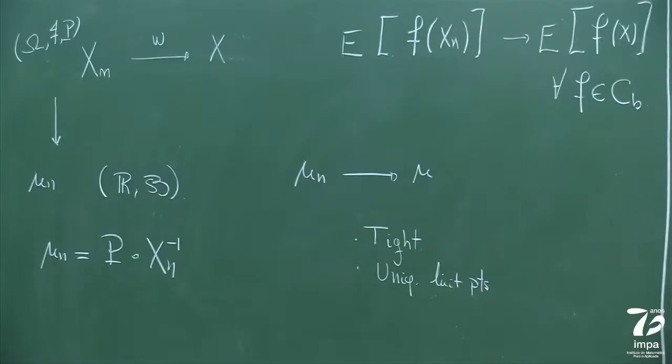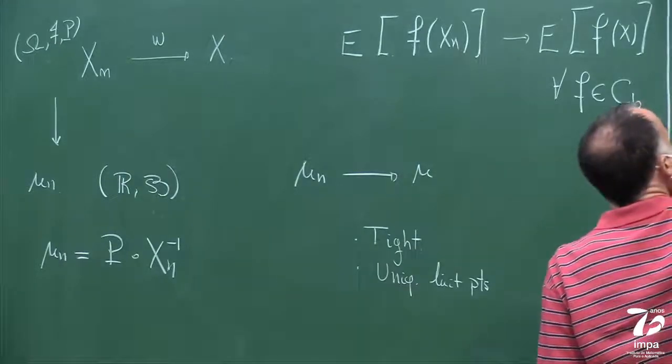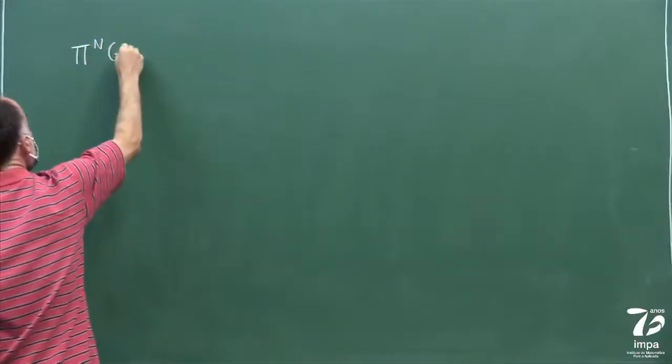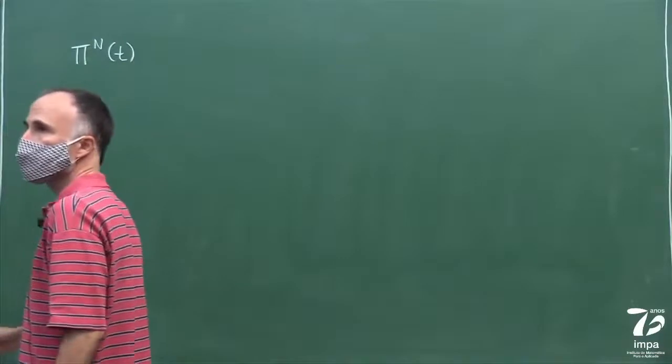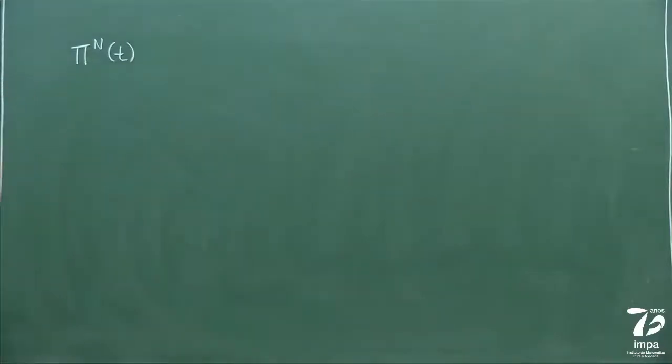All right, so now I have pi n t, which is a process. It's a Markov chain, taking values in the space of measures.